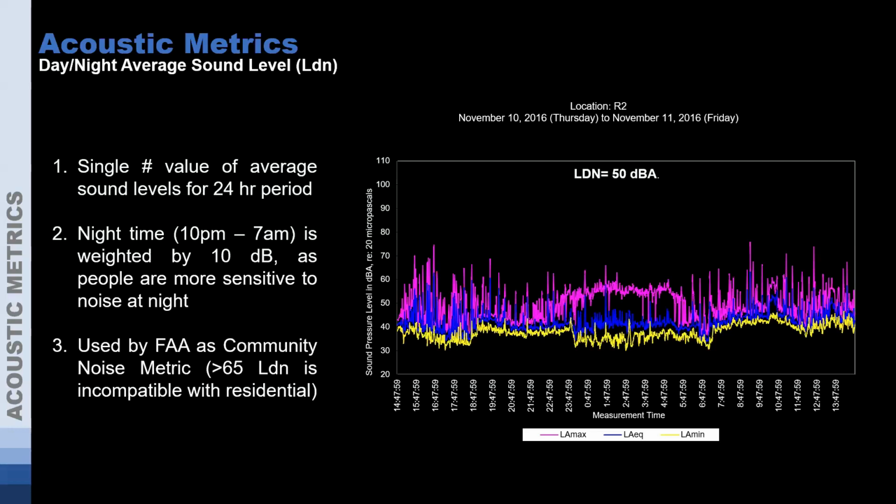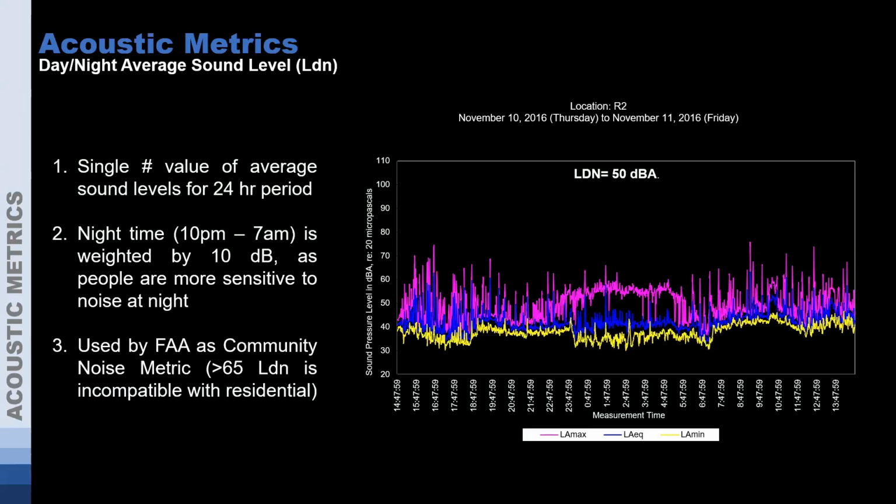The thing with an average is, if you look at a graph like this, we see a lot of spikes. Say this is around an airport, you have a lot of different overflights, planes taking off and landing. Those individual events are louder, you hear those planes louder, but the average over the day can be quieter, so it averages out those peaks.